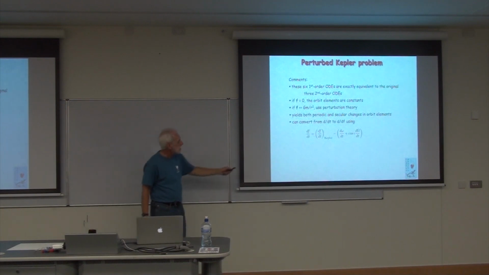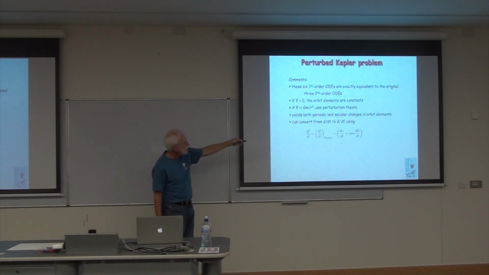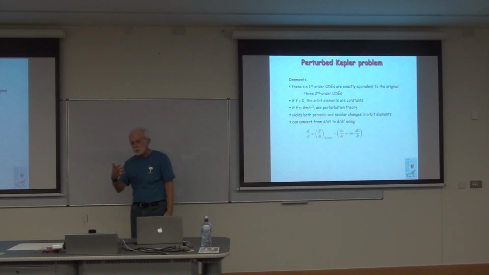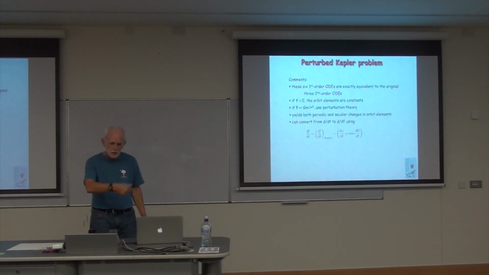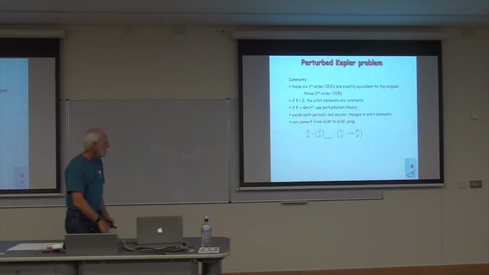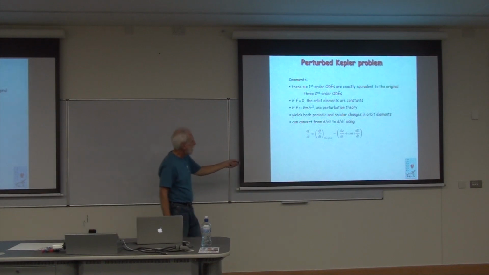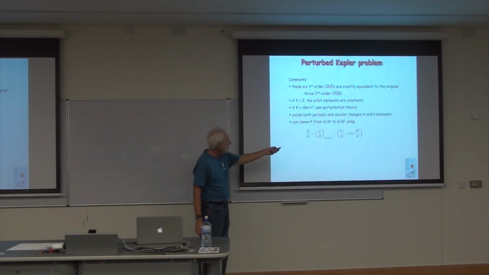And the final remark to make is that quite often for various applications, and the ones we'll use will do this, you can convert from d/dt to d/df, work in terms of this true anomaly, which is just an angle from pericenter, just by using the standard thing that d phi/dt is h over r squared from Kepler's law.